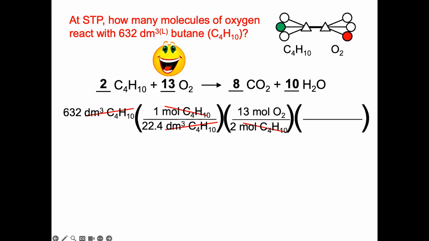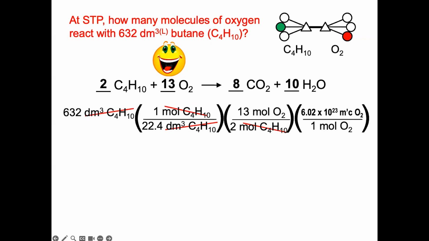After we find the mole amount of oxygen, we just have to convert that to molecules, correct? Then to convert that to molecules, we have to use Avogadro's number here. Is it clear? So 1 mole of oxygen will contain 6.02 times 10 to the 23 molecules of oxygen. Okay.